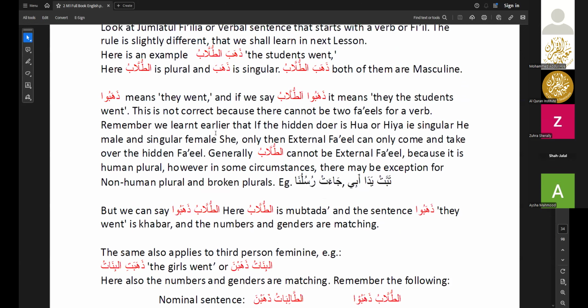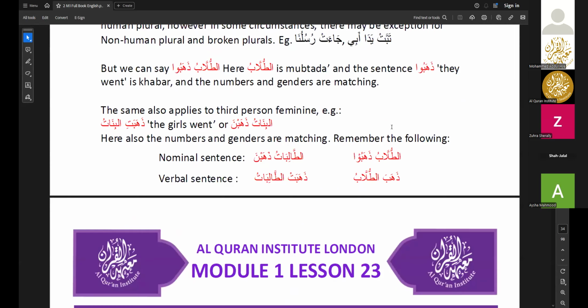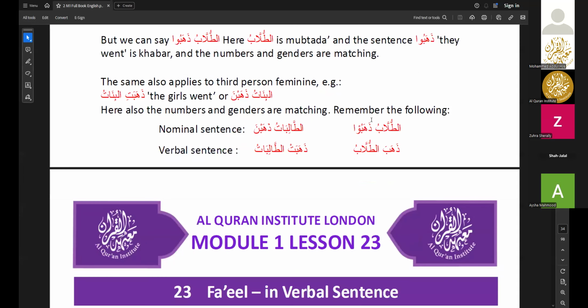Let's see the difference. Nominal sentence here, at-tullabu is jam'u, so it's a nominal sentence. So the next fa'il should match with number and gender. So dhahabu is both masculine and jam'u, which is matching with the mubtada at-tullabu.